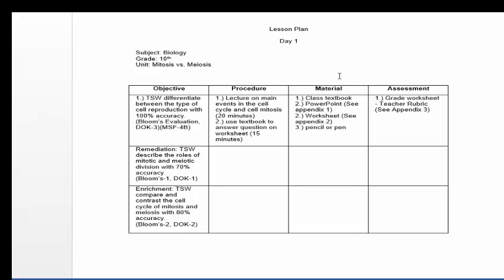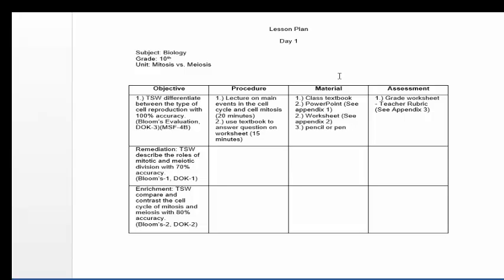For the remediation, the student will describe the roles of mitotic and meiotic division with 70% accuracy. Of course, if you remember from our previous lecture, we need to have a minimum of 70% accuracy, not just 70% accuracy, because what if someone gets 71%? You'll notice here also that the author of this lesson plan listed Bloom's 1, which is not a level.